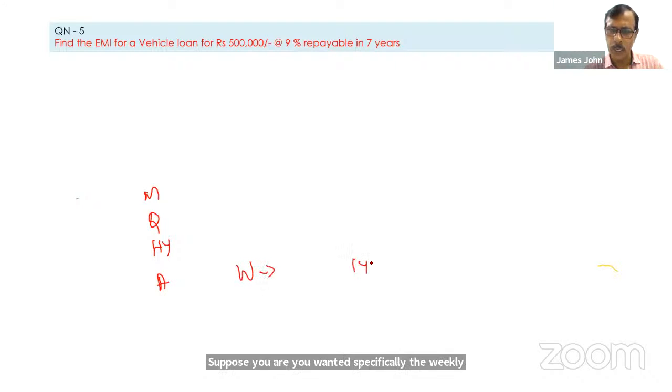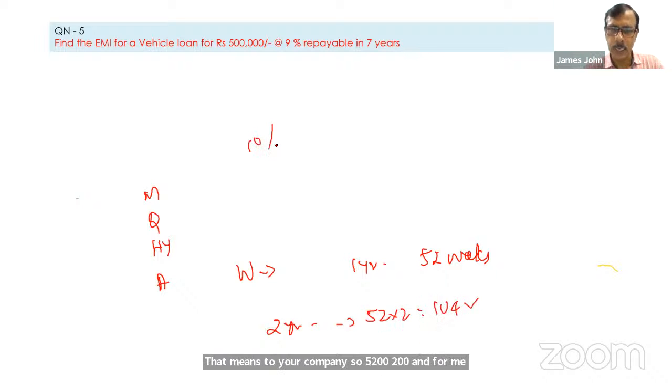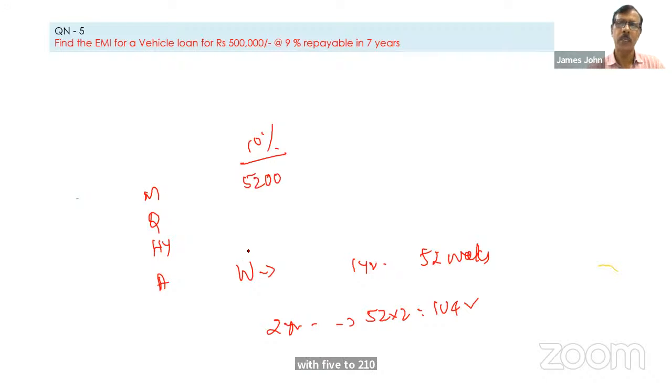One year means it is 52 weeks. So suppose the loan is to be repaid in 2 years. That means 2 years comprises 52 into 2, 104 weeks. And suppose the rate is 10%, you have to divide by 5200. 10 by 5200, you get that, then you can apply the formula.